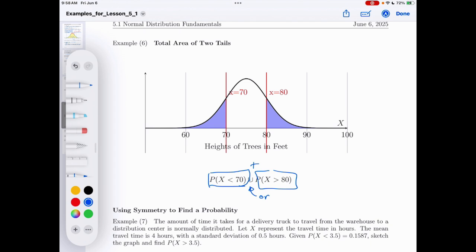So the probability that a tree has a height greater than 80 would be equal to the area under this curve here from 80 and up. And then the probability that a tree has a height less than 70 is going to be equal to that area under the curve where it's less than 70. So this is how we want to write our notation. It's pretty much the same thing as what we've been doing earlier, but I want to stress that the area under the curve is equivalent to the probability.